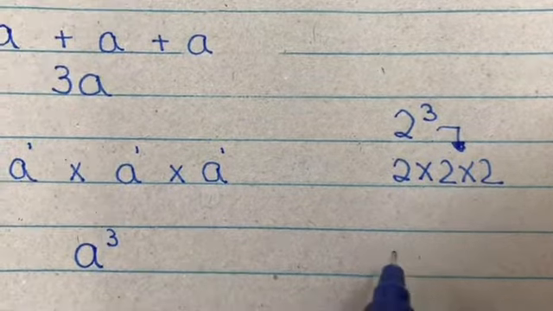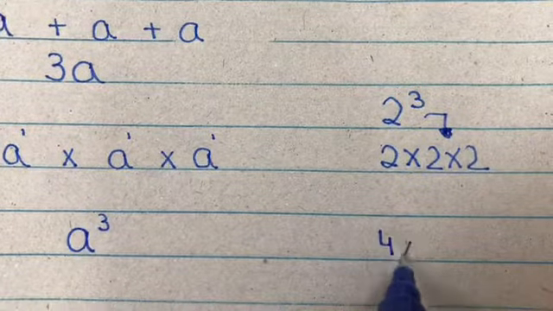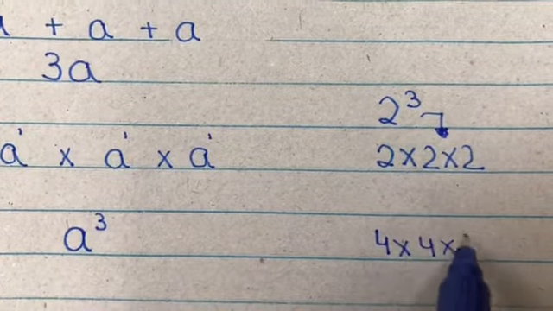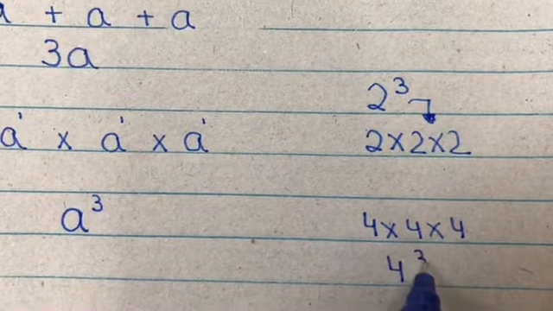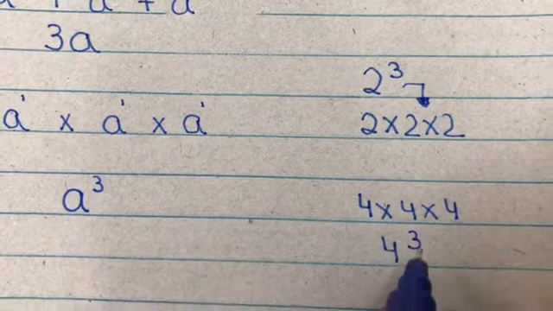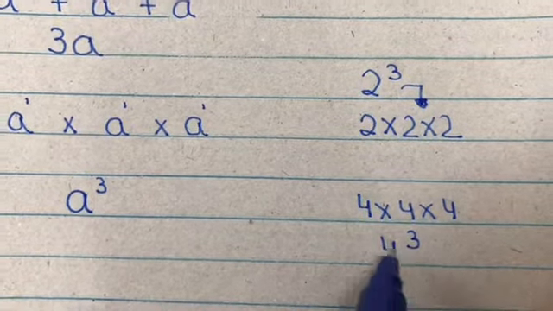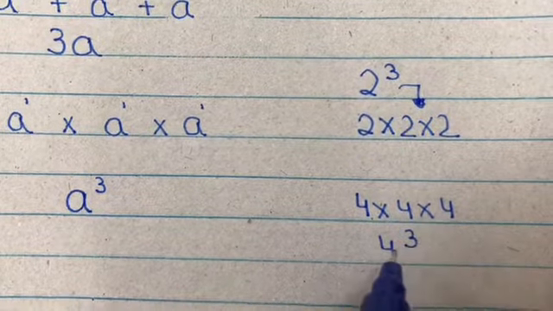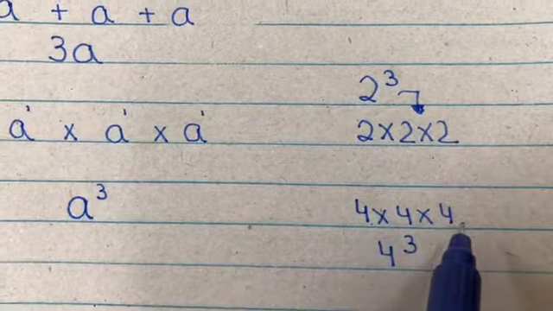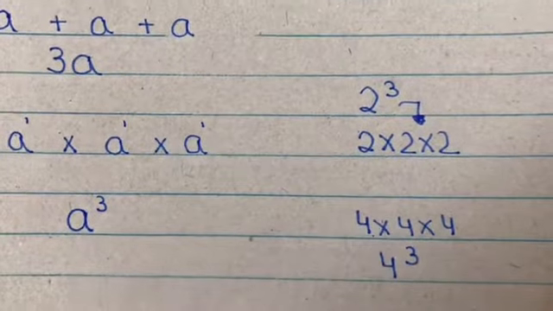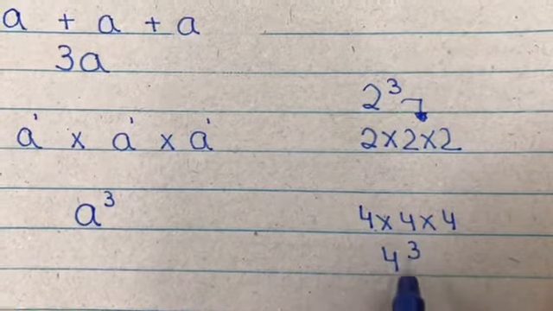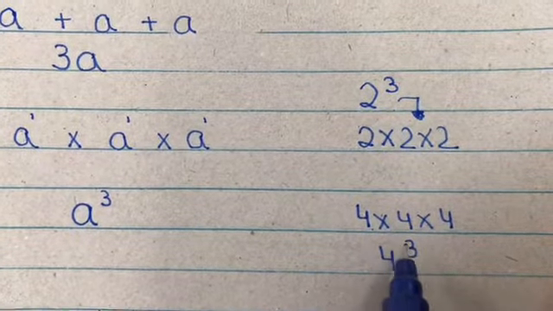So if I write down something like 4 times 4 times 4, it means 4 is cubed. 4 cubed is 64. The same number is being multiplied 3 times, so you can represent it as an exponent.